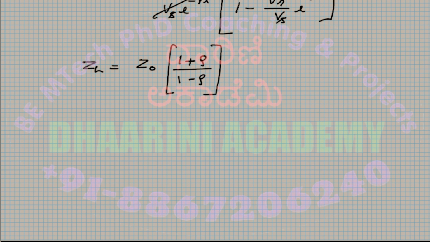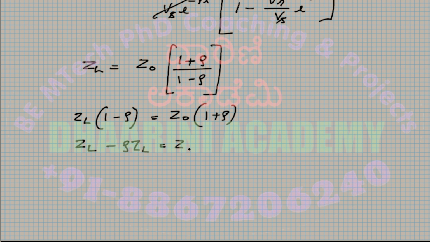But our intention is to calculate rho. So let's do the cross multiplication. That is ZL into 1 minus rho is equal to Z naught into 1 plus rho. I want to calculate rho, so let's multiply. ZL minus rho ZL is equal to Z naught plus rho times Z naught. I'll bring the terms containing rho to the same side.